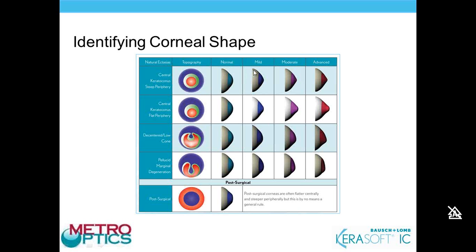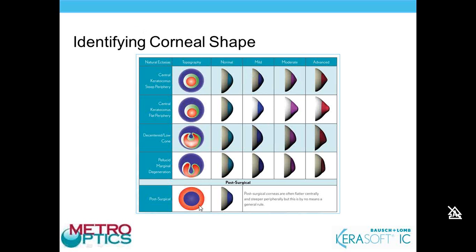And here they have the actual corneal profiles, so you can gauge what they consider mild, moderate, and advanced just by looking at these profiles, because this particular image is in the fitting guide, and this is what's going to help you select your first diagnostic lens.